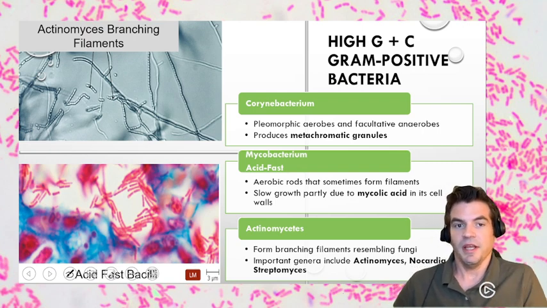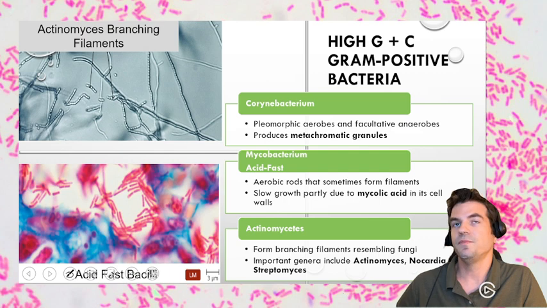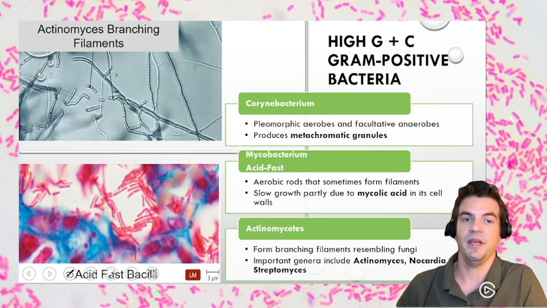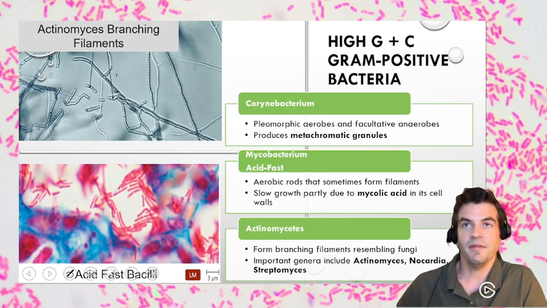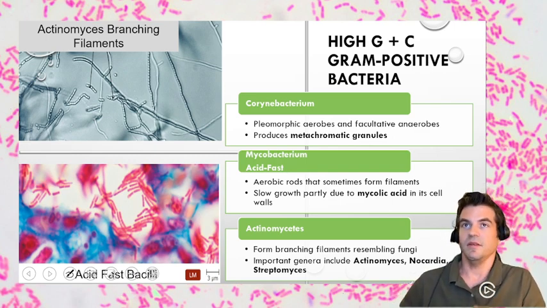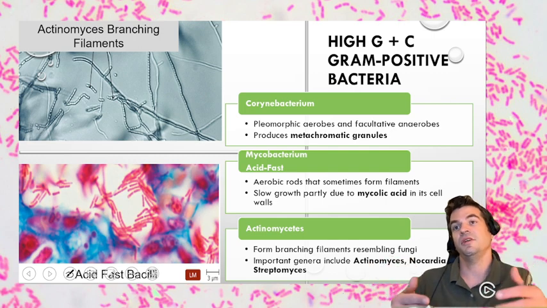Our next and final categorization that we're going to want to know is high GC gram-positive bacteria. Since we had low GC, it makes sense that we have high GC, but we don't have as many that we need to remember. Corynebacterium is a bacterium that's on us a lot.